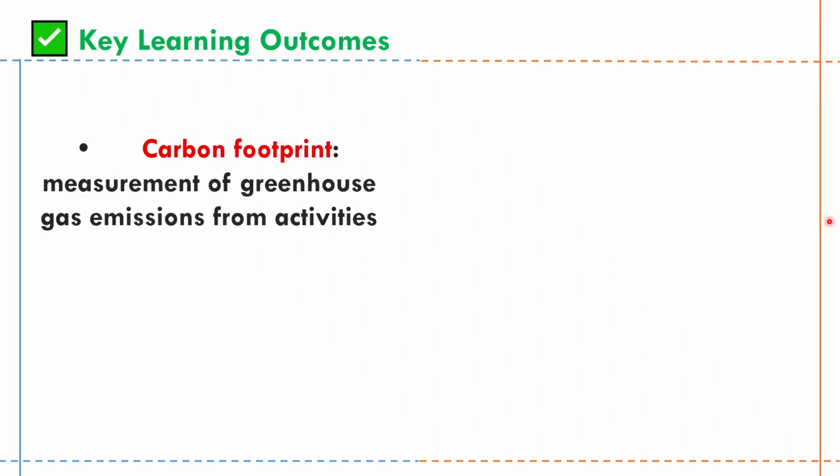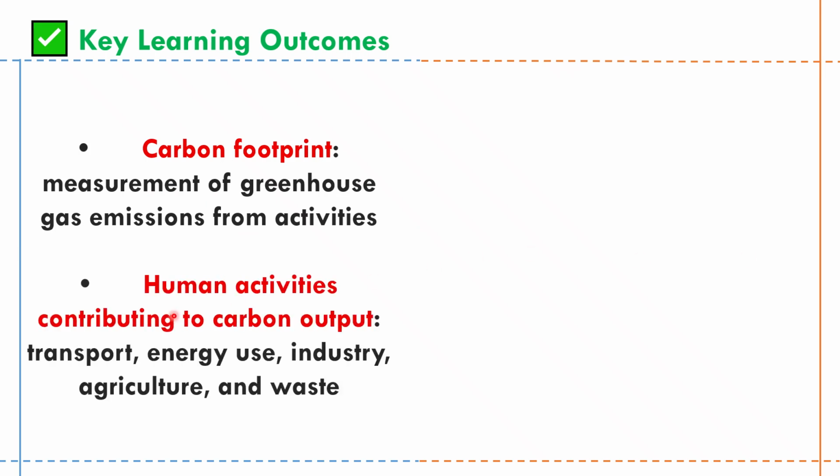Key learning outcome. Carbon footprint, measurement of greenhouse gas emission from activities. Human activities contributing to carbon output: transport, energy use, industry, agriculture, and waste.